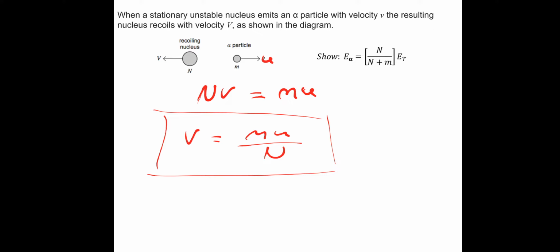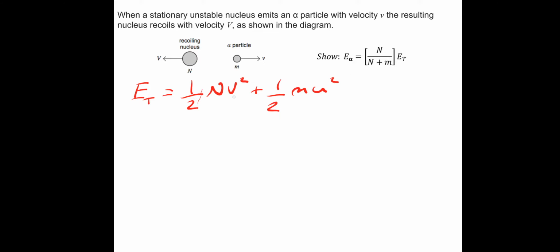Let's carry on. So I'm going to remove this. So the total kinetic energy is equal to the kinetic energy of the recoiling nucleus, half n v squared, plus the kinetic energy of the alpha particle, so half m u squared.